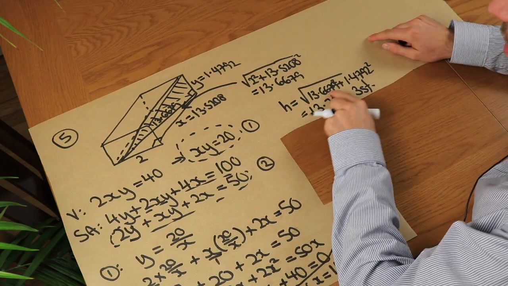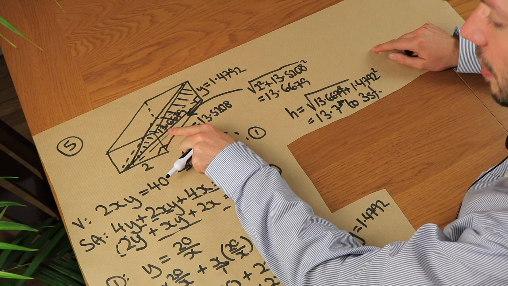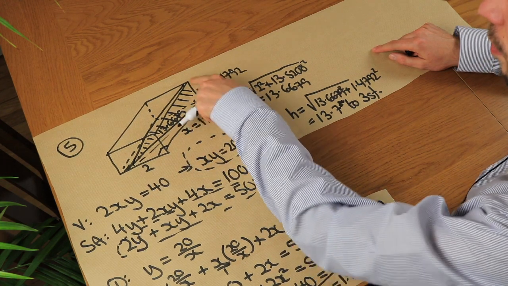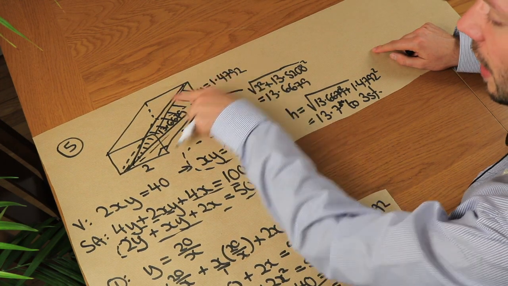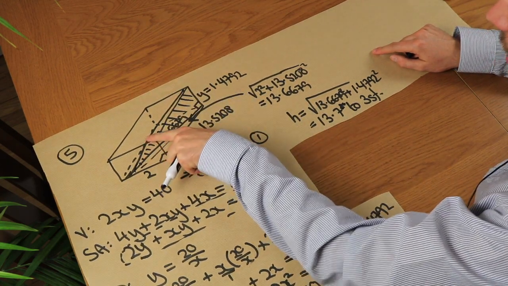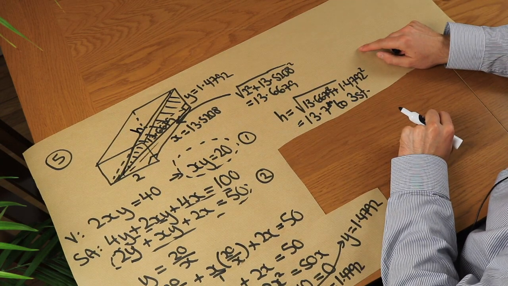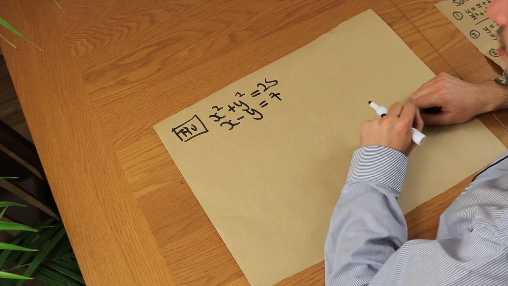And then we can finally use Pythagoras again using this triangle here with that length of 13.6679 and the other length y of 1.4792, and that allows us to finally find this hypotenuse here, our length h, which is 13.7 to 3 significant figures.